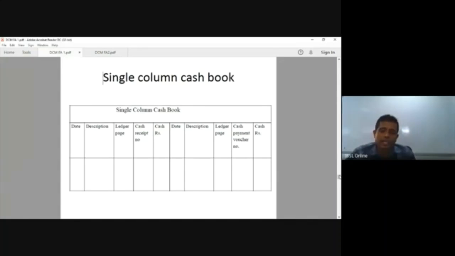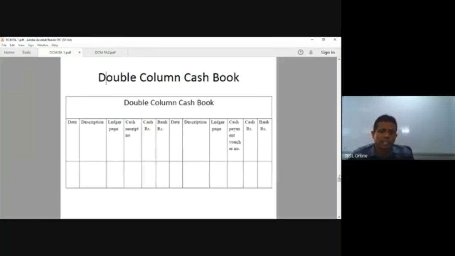When a customer uses checks or current accounts to pay or receive cash, those customers will use the double column cash book. Instead of one column for cash, they have an additional column called bank. If you have two methods of payment, not only physical cash but also check payments and check receipts, you have to use this double column cash book.